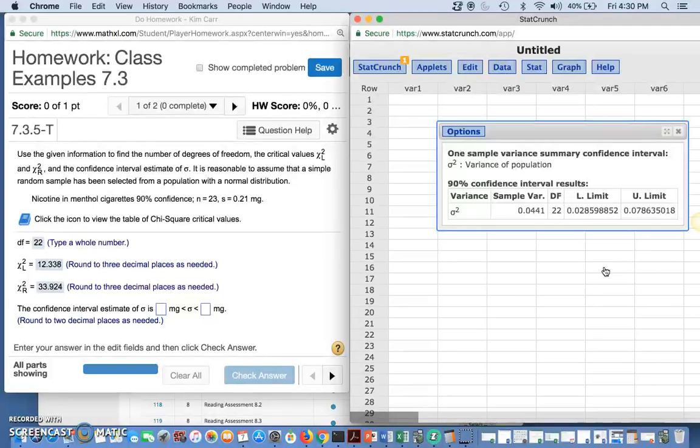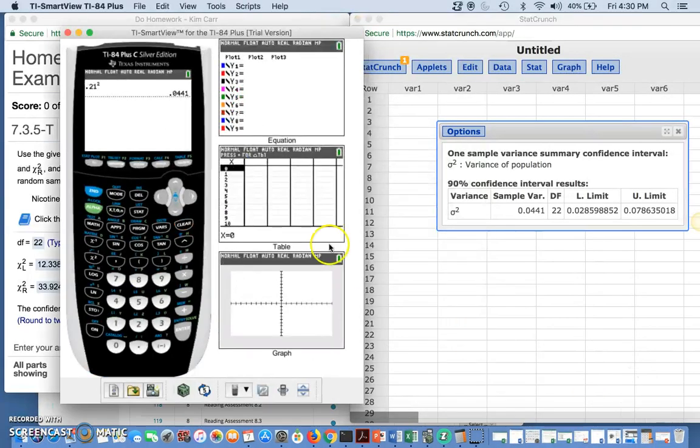So we need to take the square root of these to get it back to just the standard deviation, because this is sigma squared. We want it for just sigma. So let's pull this back up, and we want square root this time. So second square root, I'm going to put in the 0.028598852.